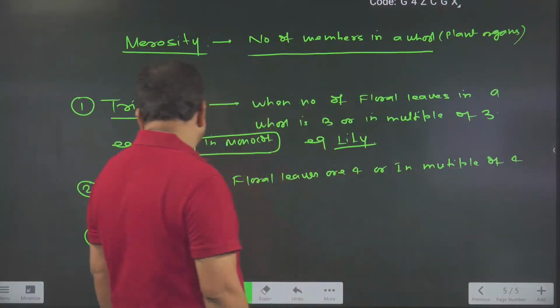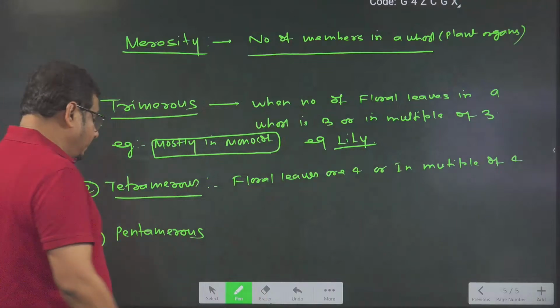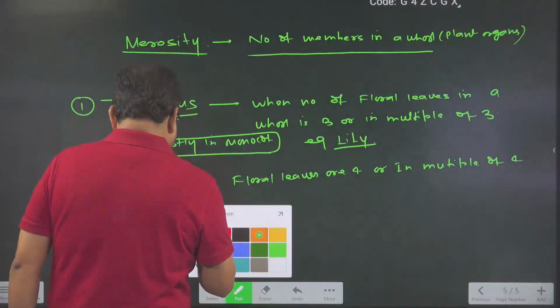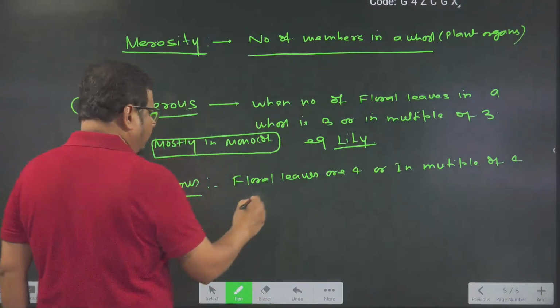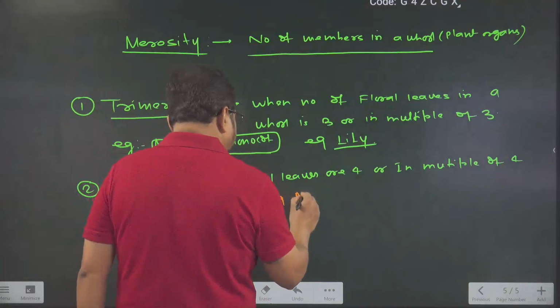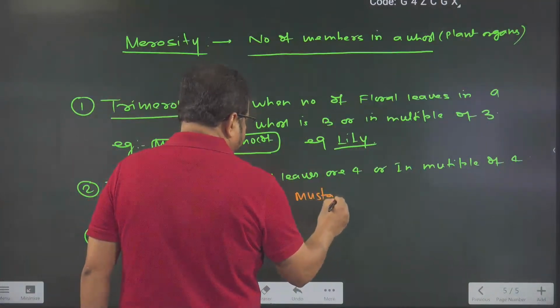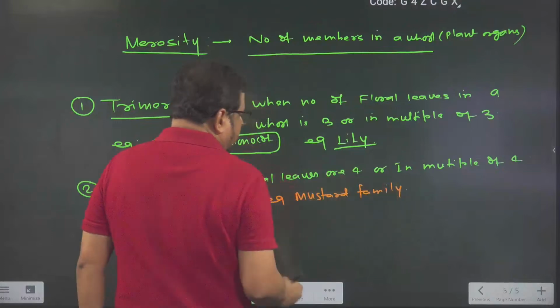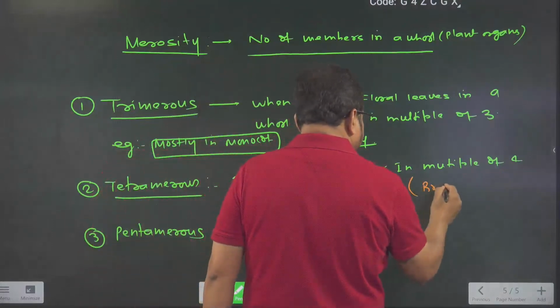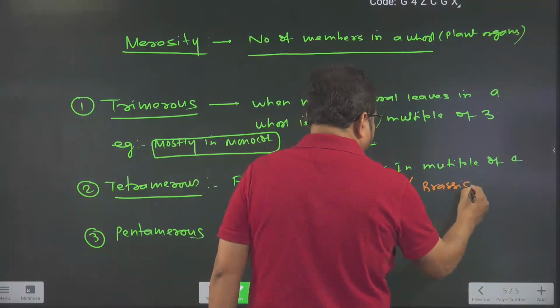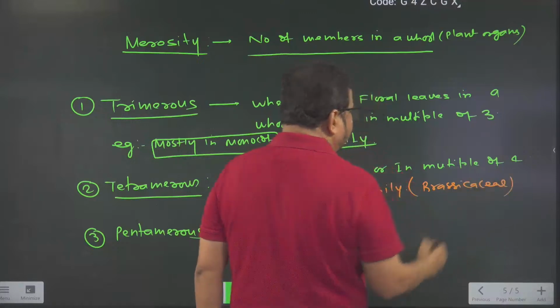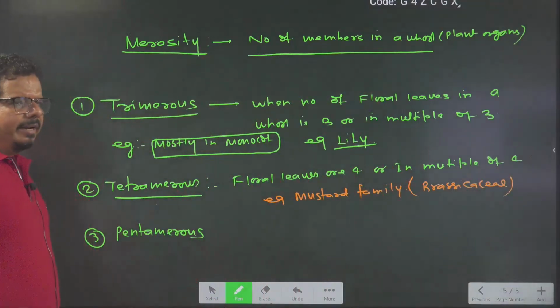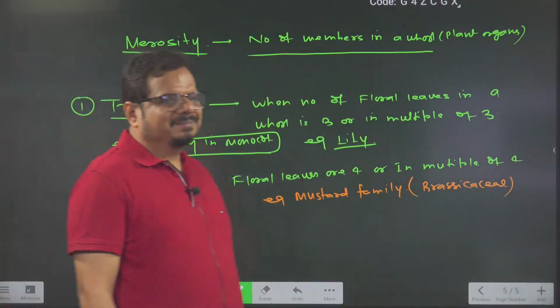It is called tetramerous. Got the idea? An example of tetramerous is the mustard family, Brassicaceae.